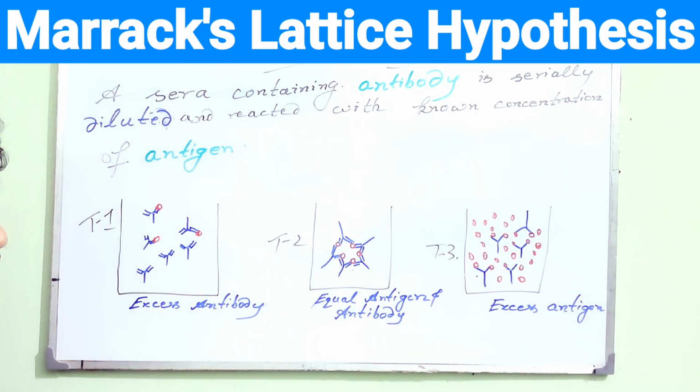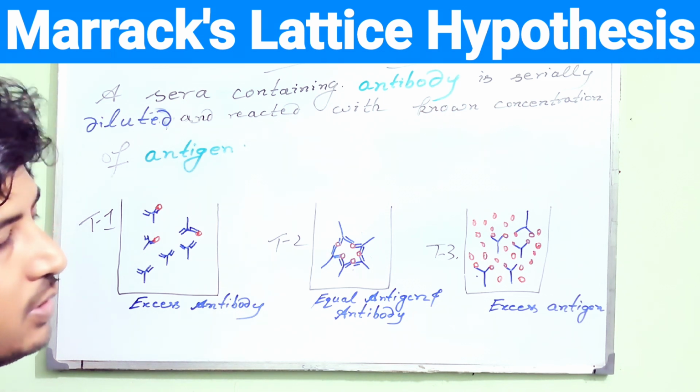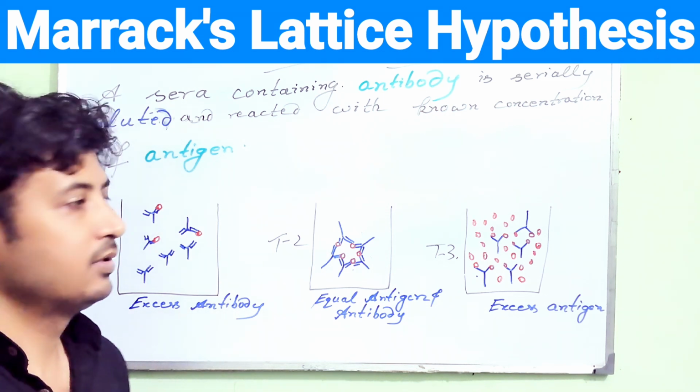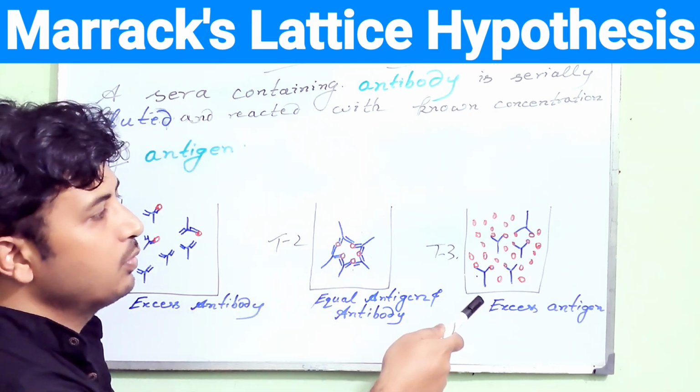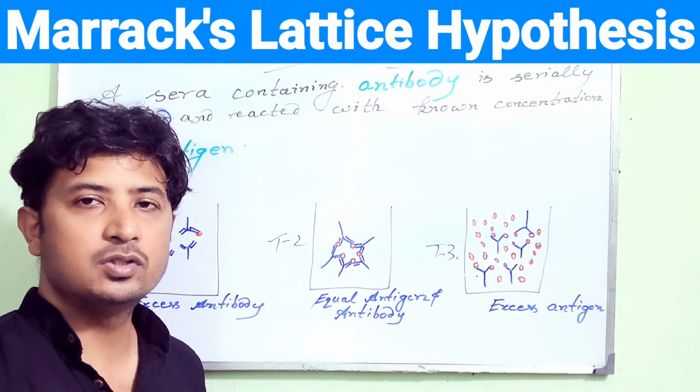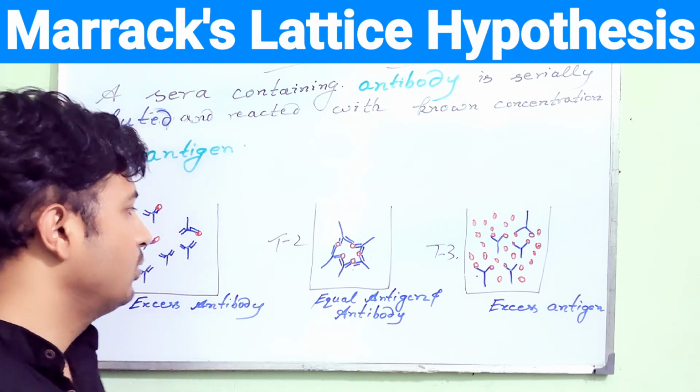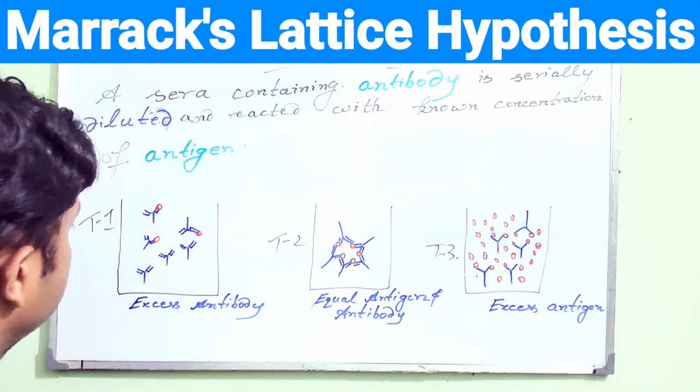So what will happen? Because it is diluted, from higher antibody concentration to lower antibody concentration, the dilution will be there. So what will be the result of the experiment?